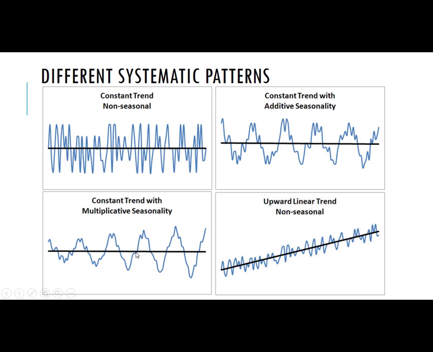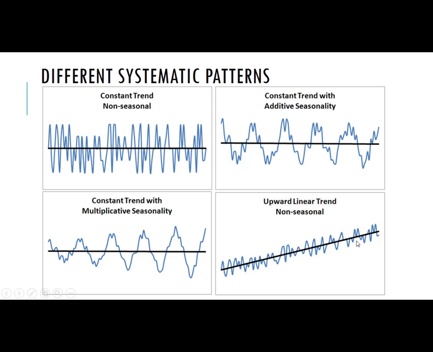Down here we have level. We also have seasonality, peaks and valleys. But notice now that the peaks and valleys are getting farther apart from one another. That's multiplicative seasonality, and you should read about that in a little more detail in the textbook. Then we might have upward linear trend, but again, we don't see any discernible repeating up and down patterns that would indicate seasonality.